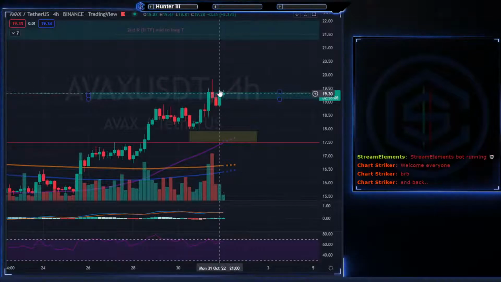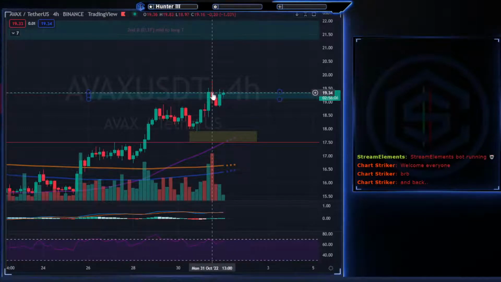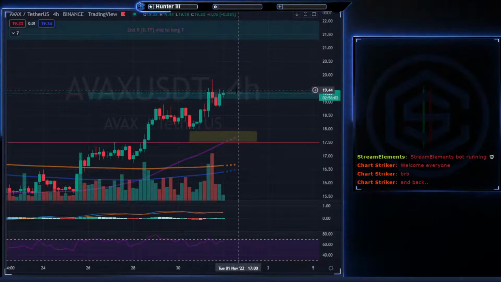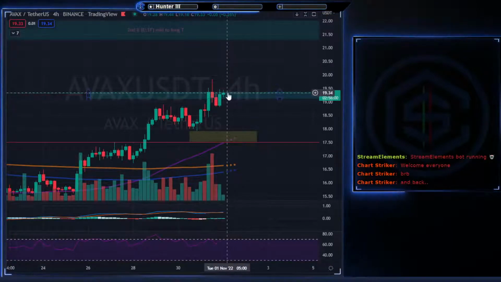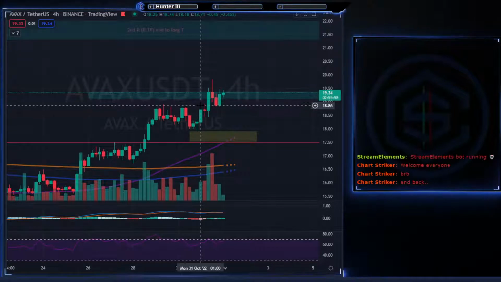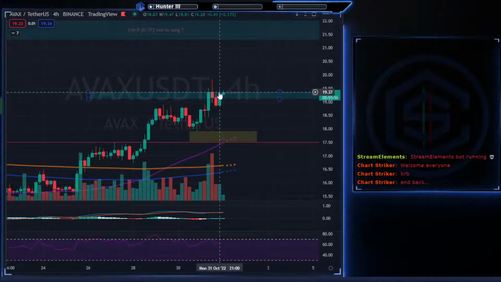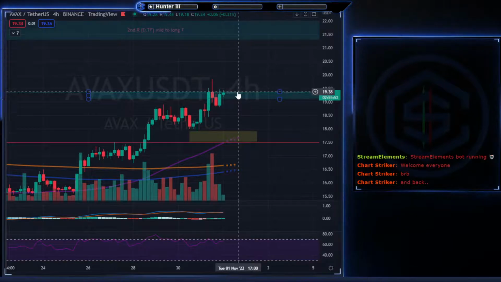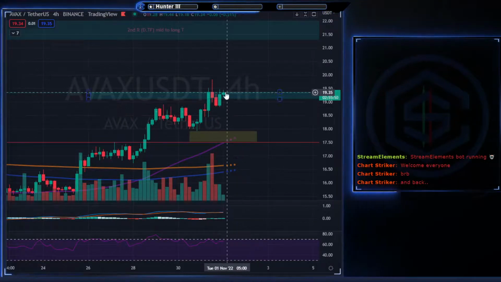It would be better if we at least close above 19.45 or 19.6 or 19.51 or 19.49 even, but you get the idea. We wicked up, but we really still didn't close above this resistance that I spoke about, okay?